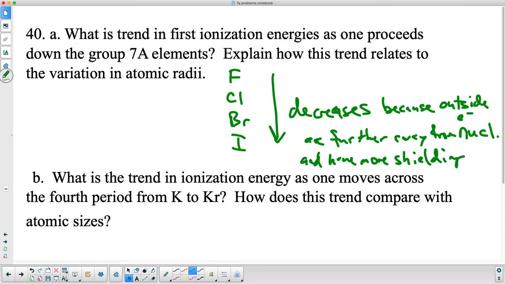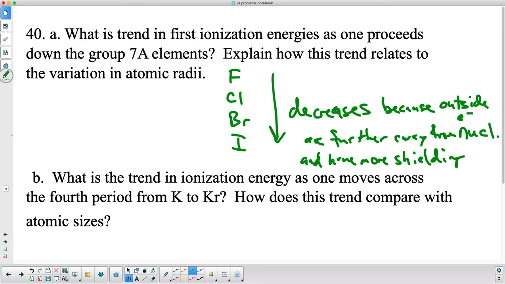That's why it's decreasing. Explain how this trend relates to the variation in atomic radii. So atomic radius also gets bigger. That's the whole point. Ionization energy gets smaller, or easier, as the atom gets bigger. So it's like an inverse property.